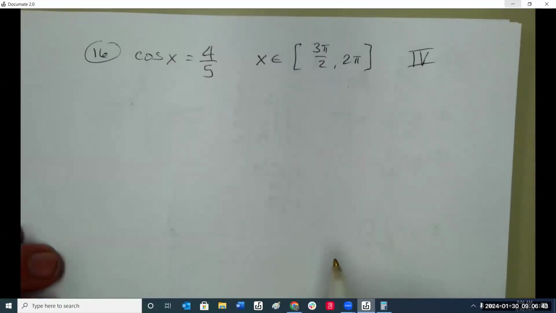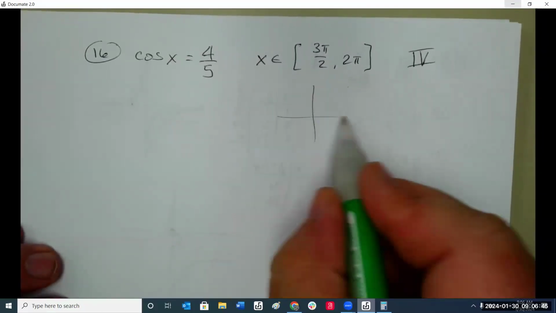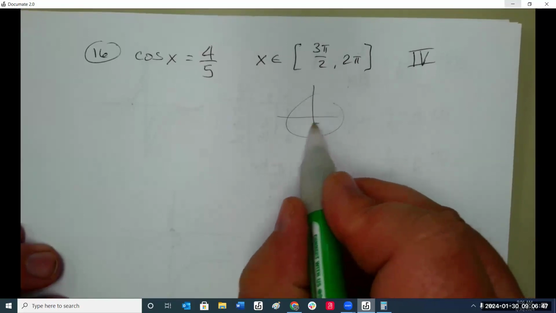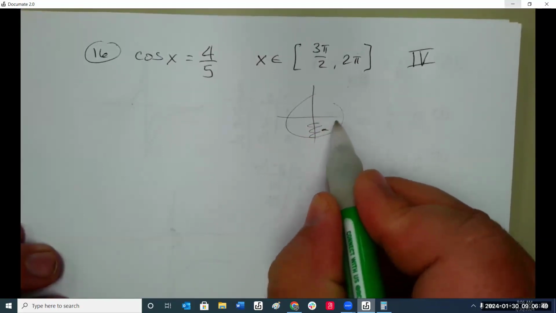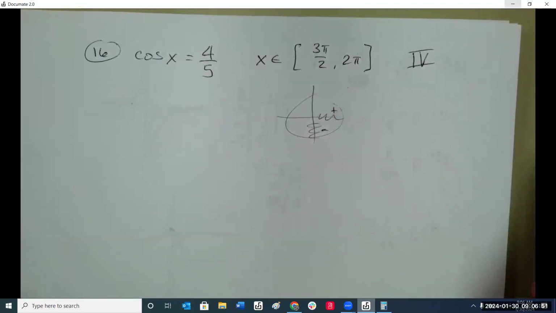It's also fourth quadrant. The fourth quadrant tells us that the sines are negative and the cosines are positive.